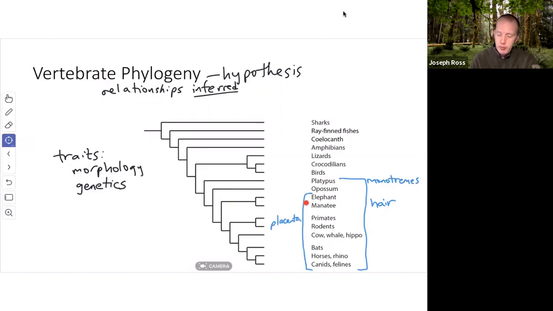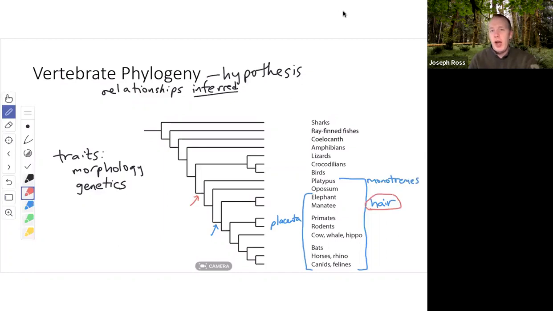Right? So we've got the placental mammals. They all share a common ancestor there. And then we've got organisms that have hair, which I'll switch to a different color, red. So that means that hair in the mammalian lineage evolved in that ancestor.